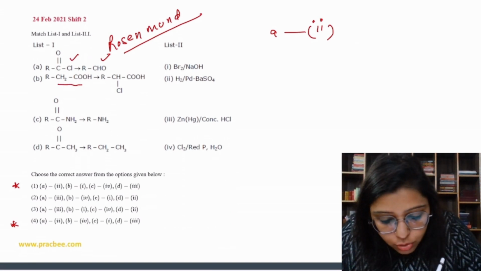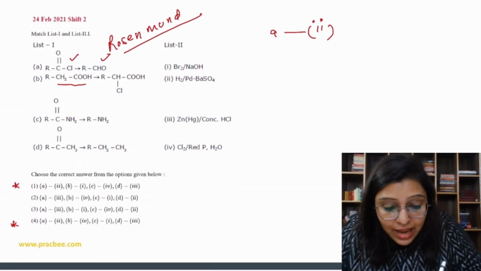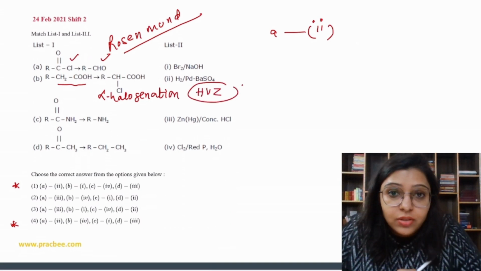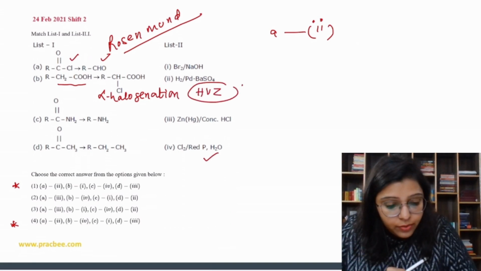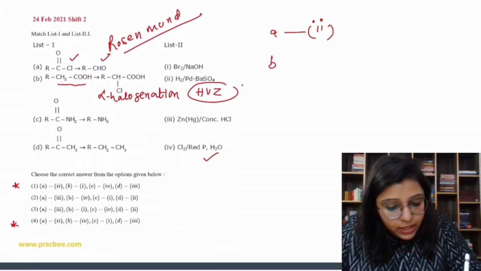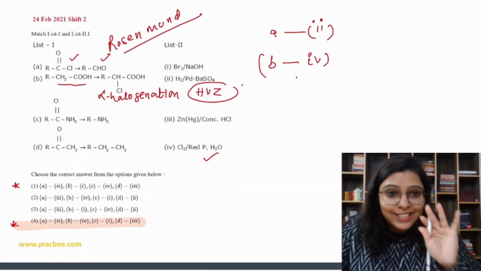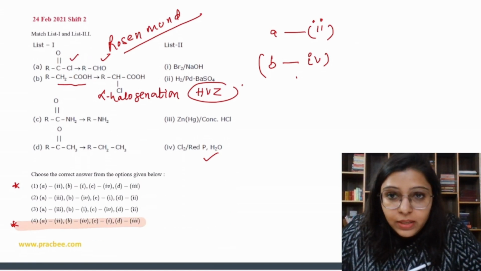So we have RCH2COOH going to RCHClCOOH, alpha halogenation. This is the HVZ, Hell-Volhard-Zelinsky reaction, and this happens in the presence of Cl2 and red phosphorus, so B can be matched with fourth. On the basis of that, option 4 is going to be the correct answer. Okay.